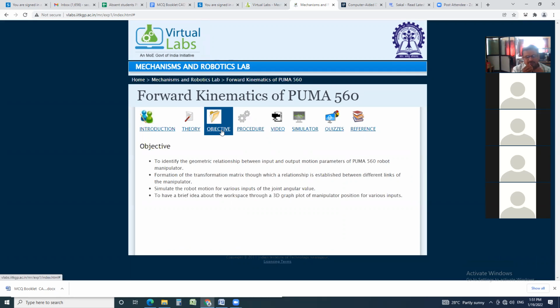First, to identify the geometric relationship between input and output motion parameters of the Puma 560 robot manipulator. Formation of the transformation matrix through which a relationship is established between different links of the manipulator. Simulate the robot motion for various inputs of joint angular value.